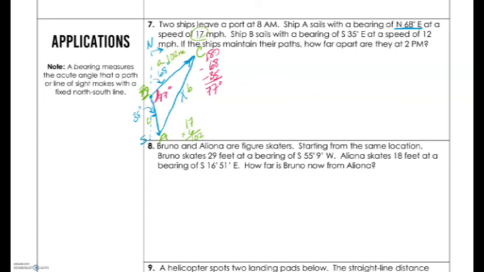Little a is 102 miles. And then to get my little c, I'm going to put this mark here. This is a. And my little c, we said they're going 12 miles per hour for the same 6 hours. So 12 times 6, and that's going to give me my little c, which is 72.